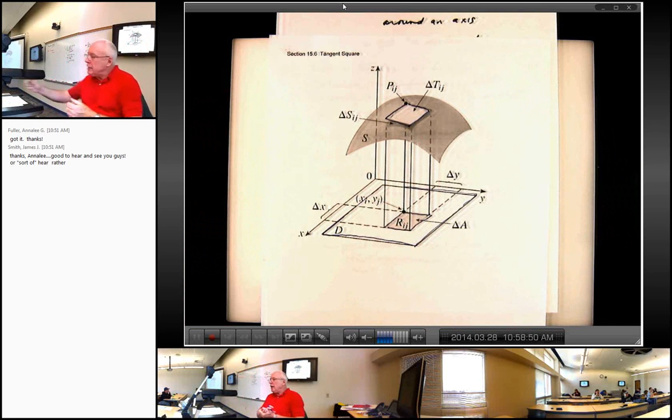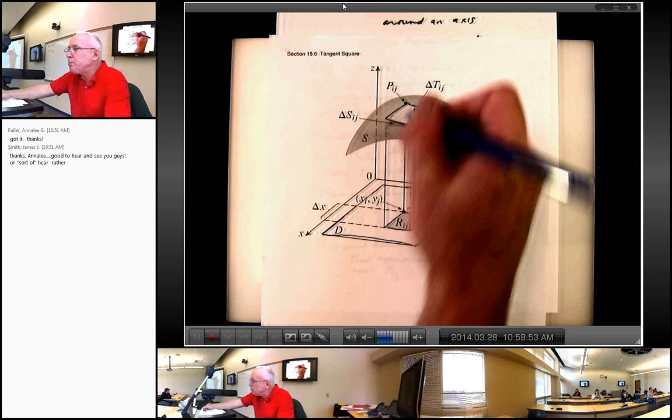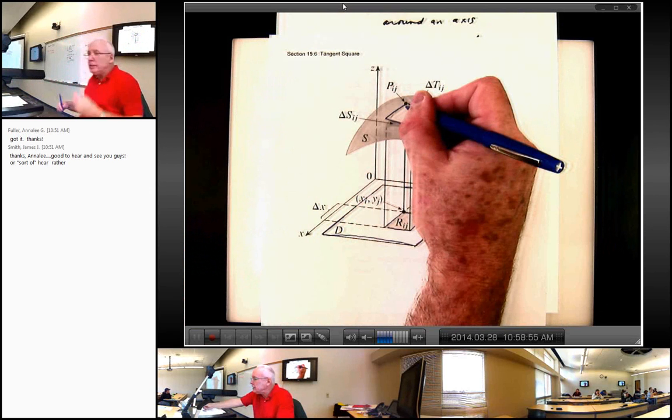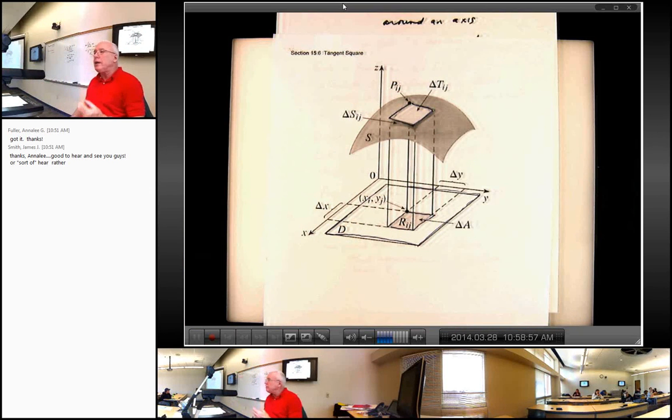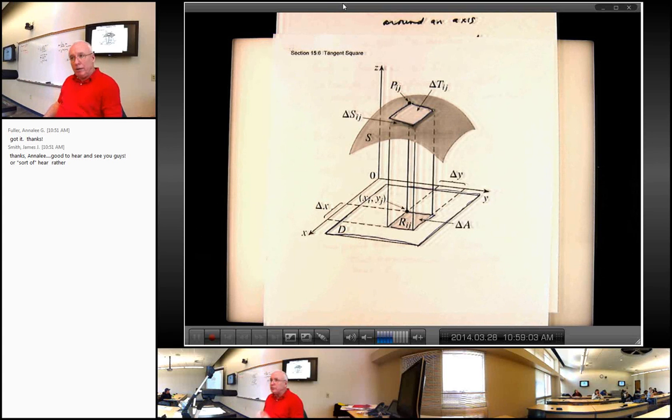And that tangent plane, when we're close to this point, isn't much different than the values of our surface, all right? Remember, we talked about linear approximations of a function. Well, that's what we were using, the tangent plane.